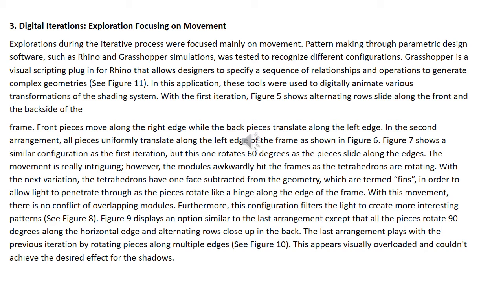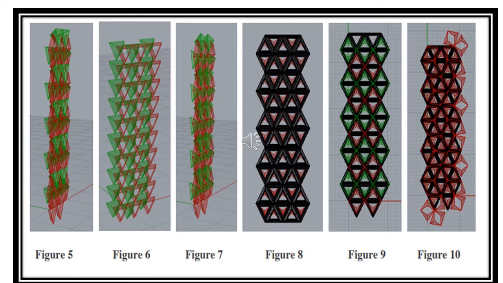Software such as Rhino and Grasshopper was tested for simulation to recognize different configurations. These tools were also used to digitally animate the various transformations of the shading system, with the first iterations as we can see before with the slides, and figure 5 showing alternatives and slides along the front and back side of the frame. See the different configurations between 5, 6, 7, 8, and 9. The rotation is changing with the lights and colors, as we have mentioned before.